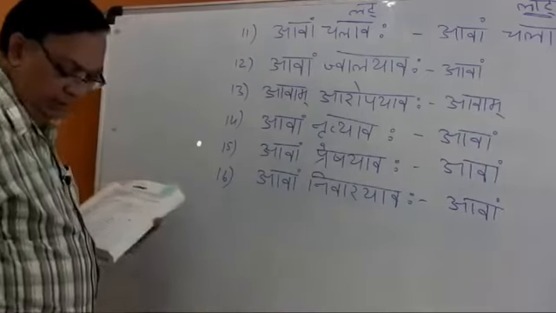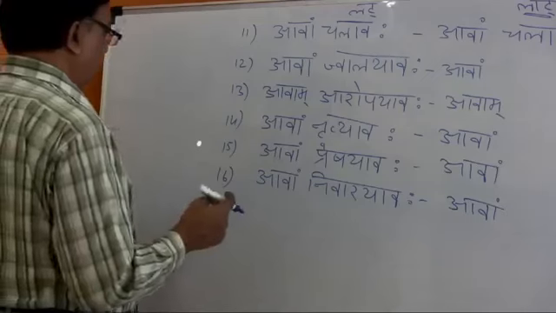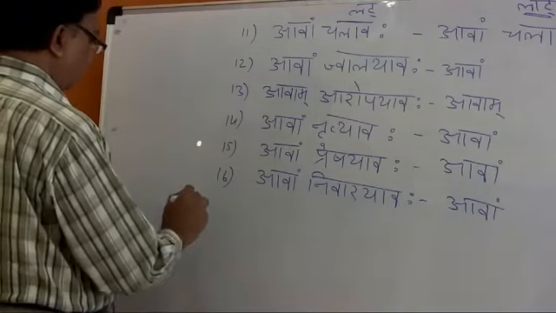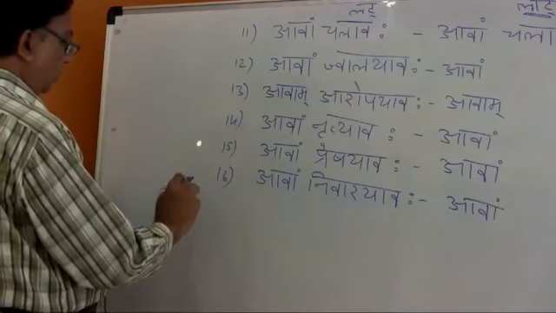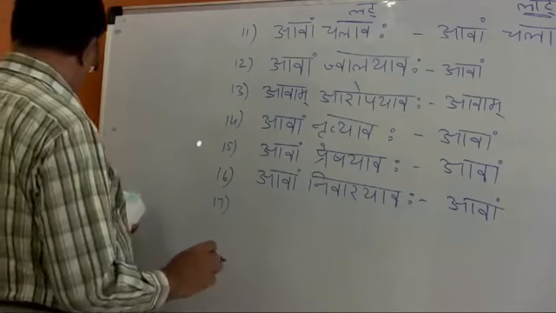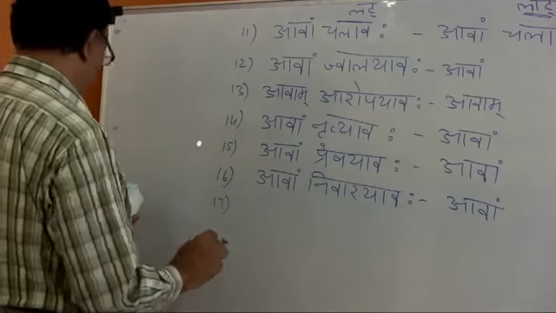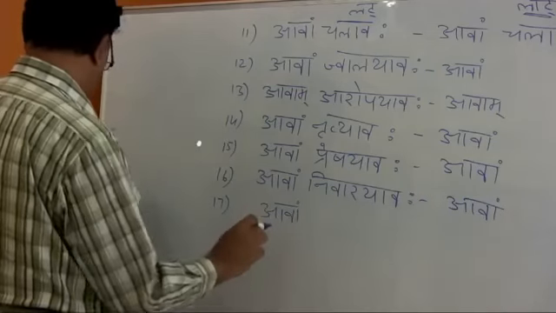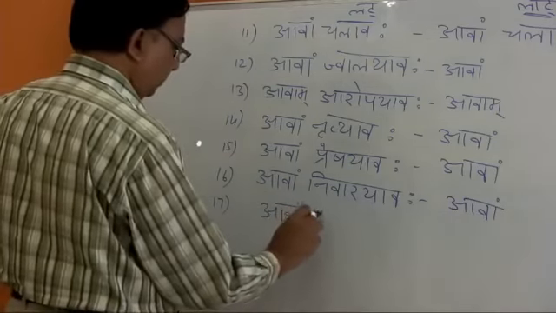So in this page, 10 sentences are given for first person singular, first person dual, first person plural. For each number, 10 sentences are to be practiced here. So 17th one is given here. Avam chintayavaha.